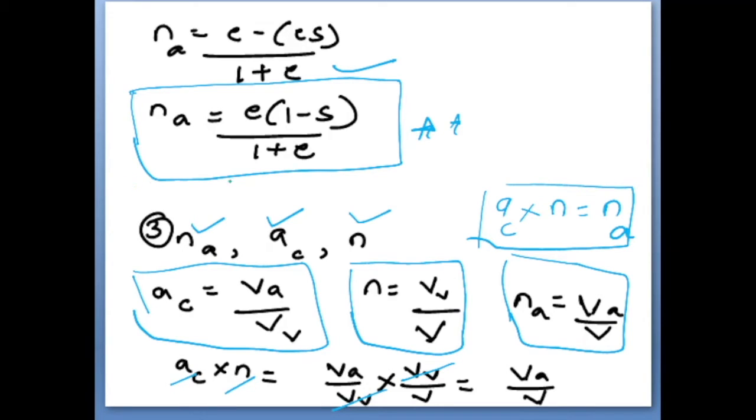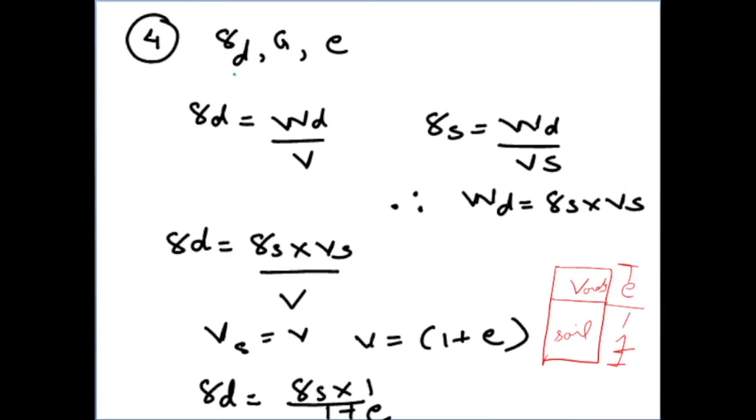Now going back to the next equation, wherein we are going to derive the relationship between gamma d, G and e. Gamma d, as we know, is nothing but the dry density, G is the specific gravity, and e is the voids ratio. Now what is density?